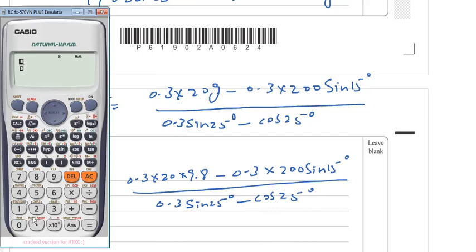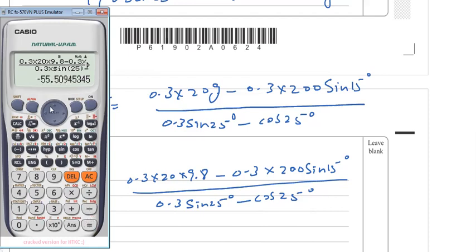So that is going to be 0.3 into 20 into 9.8 minus 0.3 into 200 sine of 15 degree, divided by 0.3 into sine of 25 minus cos of 25. Make sure your calculator should be in the degree mode.